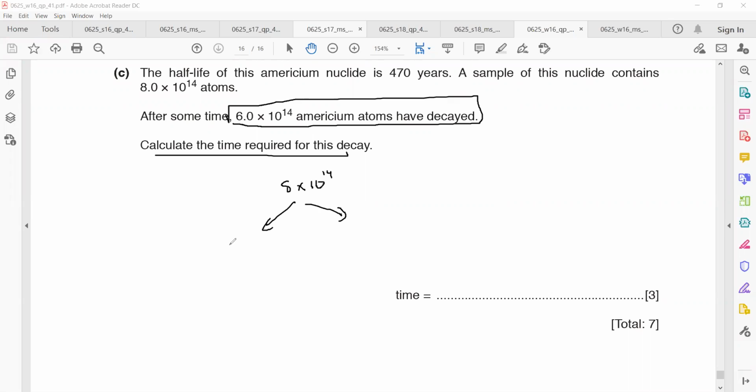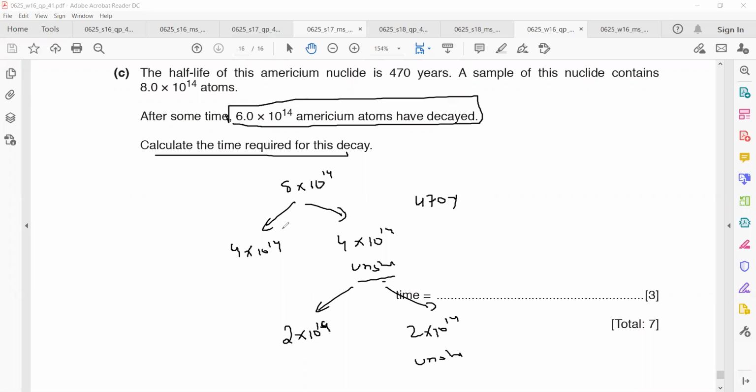After a half-life, 4 exponent 14 will be stable and 4 exponent 14 will be unstable. That takes 470 years. Then the unstable ones will further decay. 2 exponent 14 will be stable and 2 exponent 14 will be unstable.